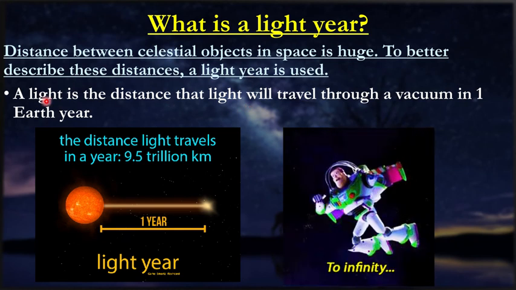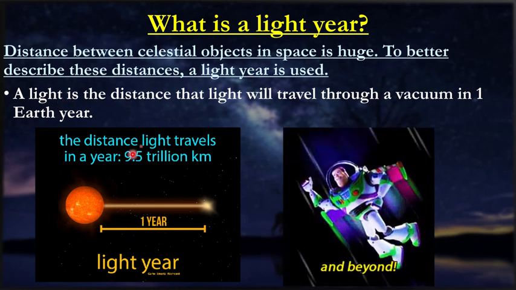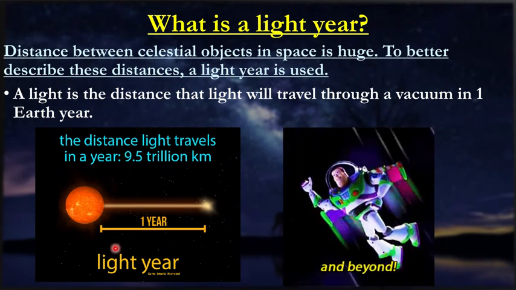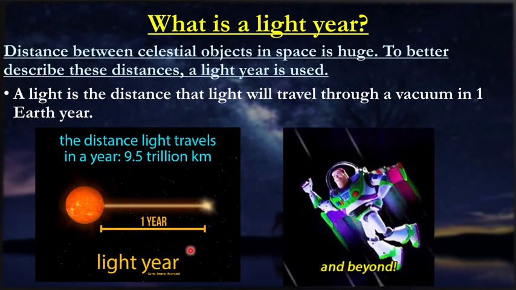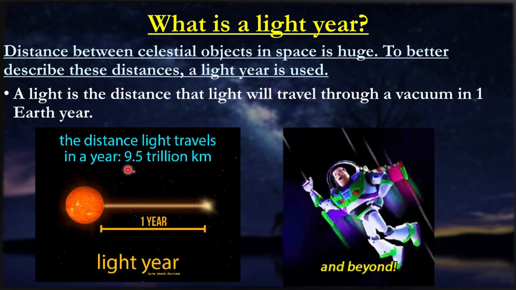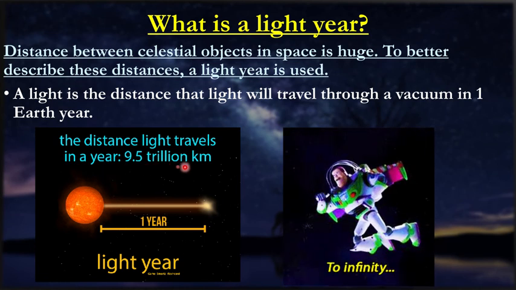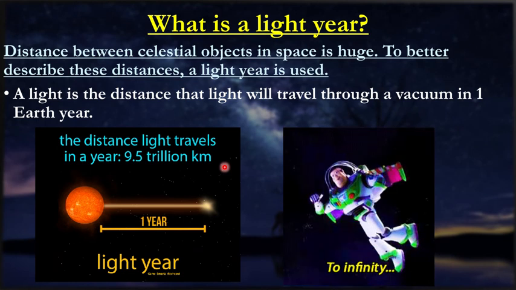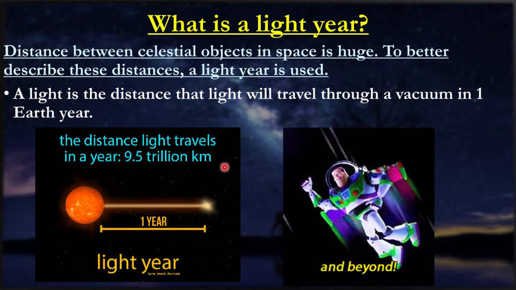So we came up with a system called the light year, and that's basically how far light travels within one Earth year. So in about 365.25 days, how far does light travel? About 9.5 trillion kilometers. So that's a bit of context of when we talk about the distances.